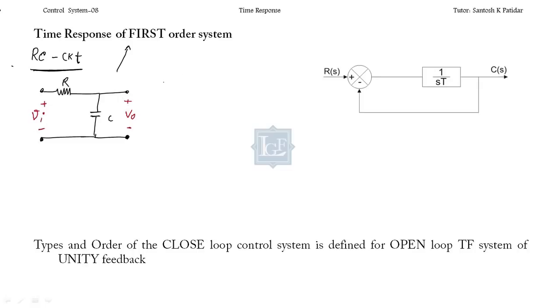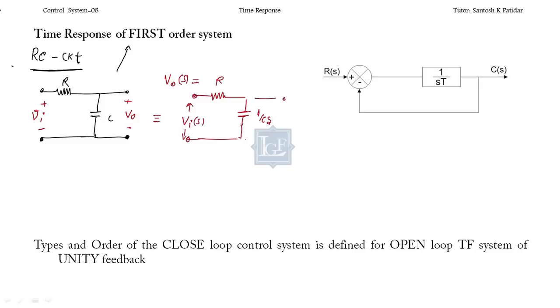So first, this is given in the time domain, we will convert it into the frequency domain or S domain. You people know from network theory, R will be as it is. This C will become 1 by CS. And over here the input I'll now call Vi(s).